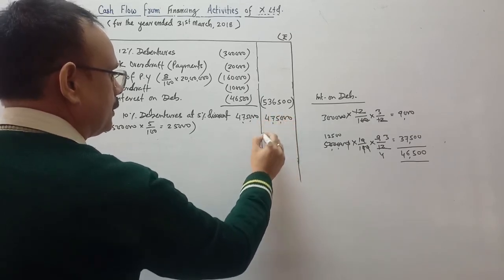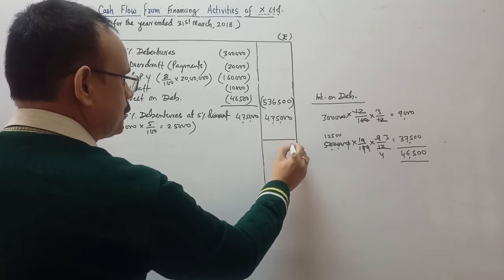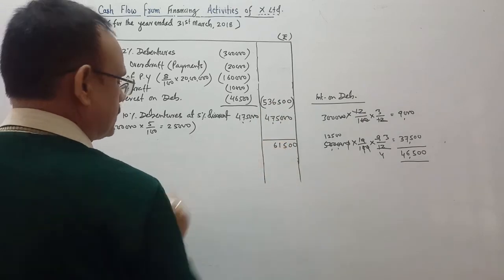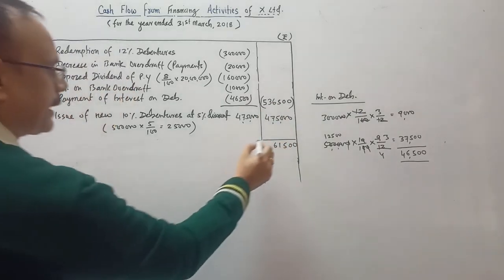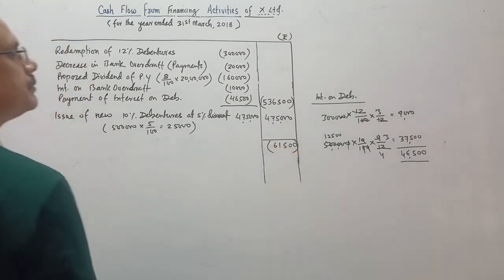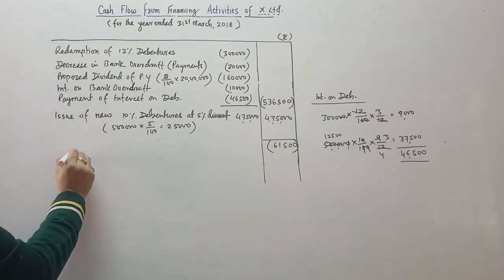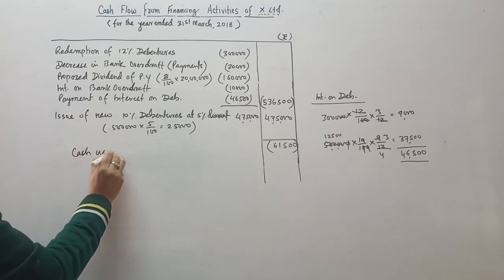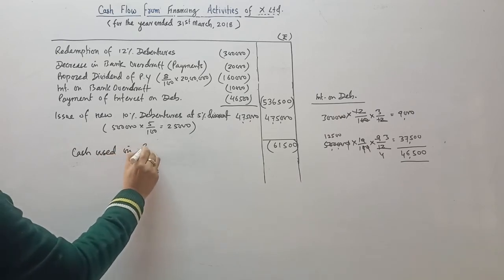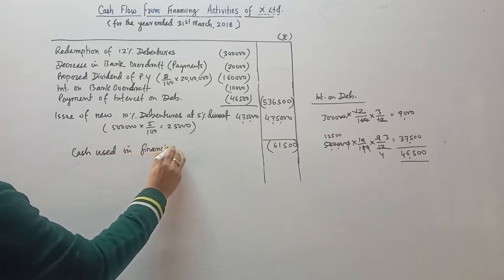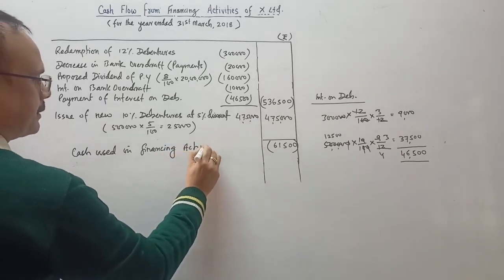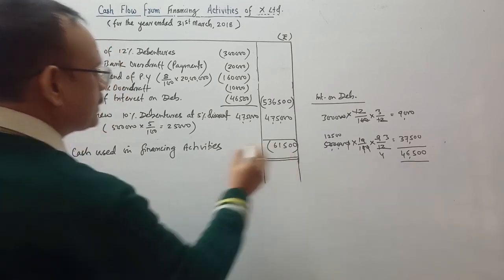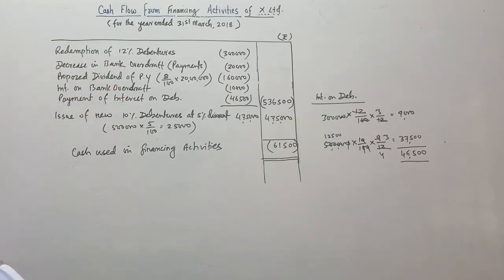Now see the difference. 61,500 is the outflow. So net cash used in financing activities is 61,500.